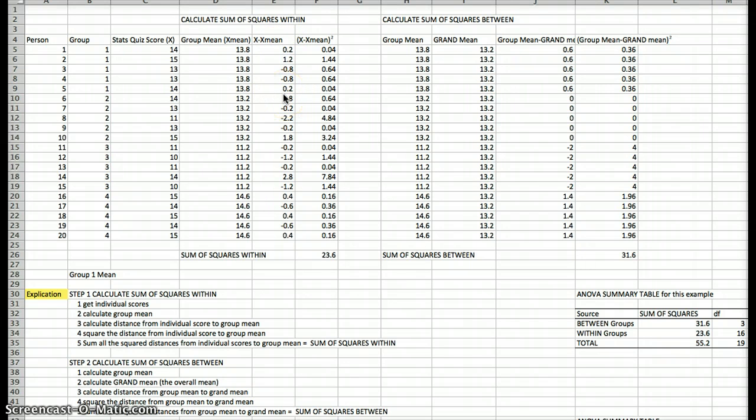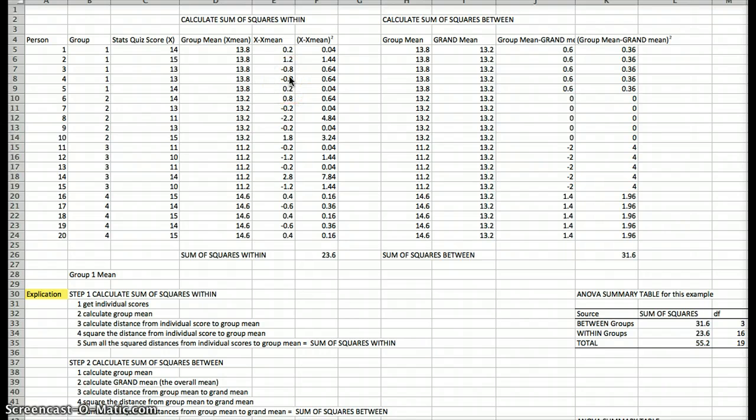Now if we would want to summarize that, we could add this up. But remember, we have the problem that we have positive and negative values, and since they're all distributed around the mean, if we add this up, we'd end up with 0. 0.2 plus 1.2 is 1.4, plus 0.2 is 1.6, and then minus 0.8 is 0.8, minus 0.8, and we're back to 0.